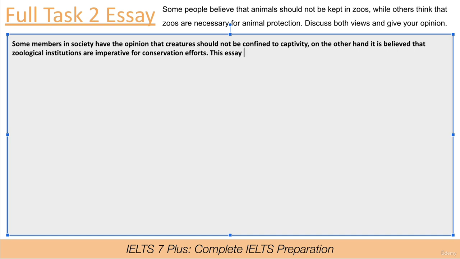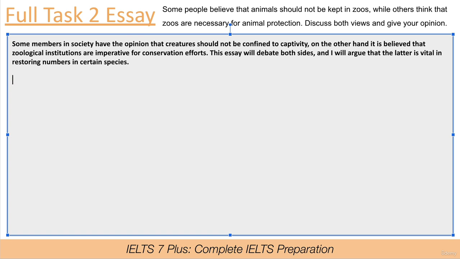This essay will debate both sides, and I will argue that the latter, so that they're imperative for conservation efforts, I will argue that the latter is vital in increasing species, restoring numbers in certain species.